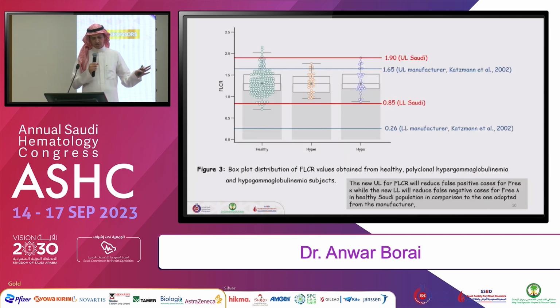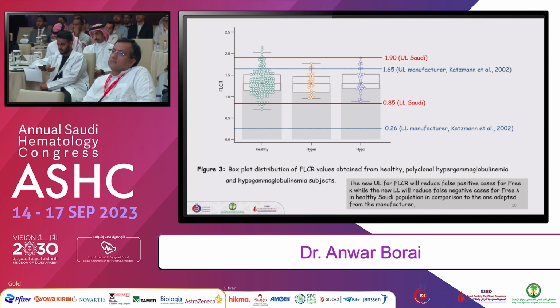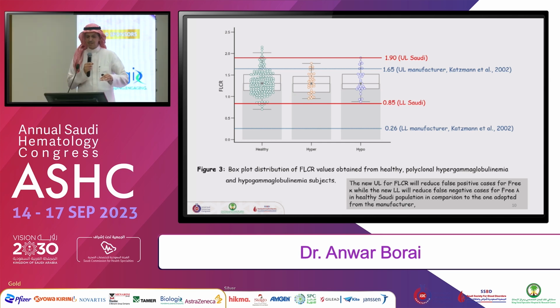This box plot shows the current manufacturer reference interval and how it differs from our established reference intervals in the Saudi population. As you can see, there is a big difference, and you can see the outliers according to the subject's type.